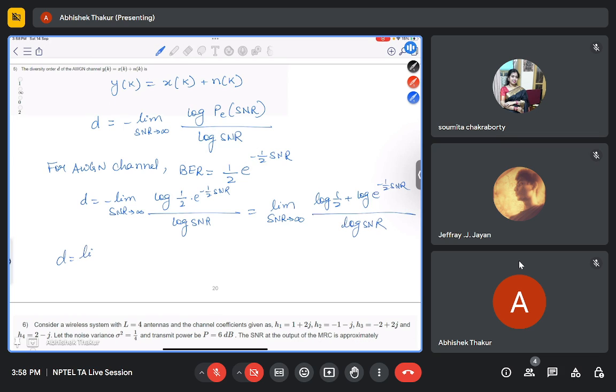So D is equal to log of half plus, it will be minus because minus half of SNR is there, divided by log of SNR.